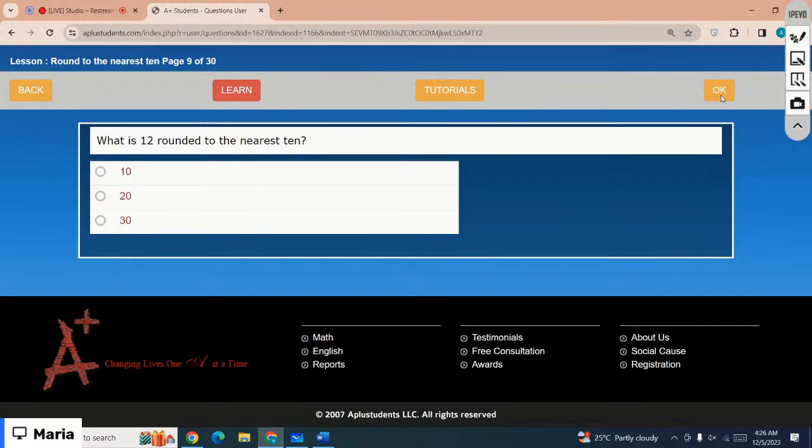Yes, it is. 12 is rounded off to. Very good. The correct option is 12 is rounded off to 10. The correct option is 10. Very good.